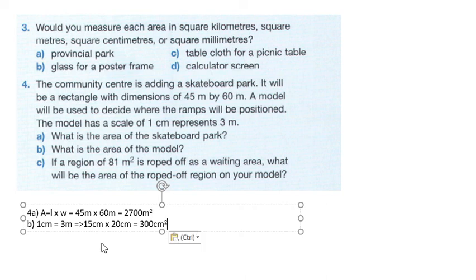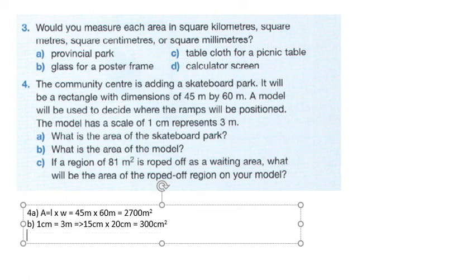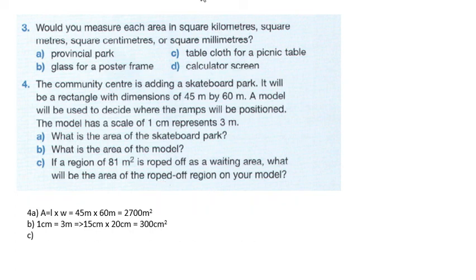And if a region of 81 meters squared is roped off as a waiting area, what will be the area of the roped off region of your model? For this question, it is much, much better if we draw a picture of it. And we want to draw a picture of it so we can see what an 81 meter squared picture would look like.